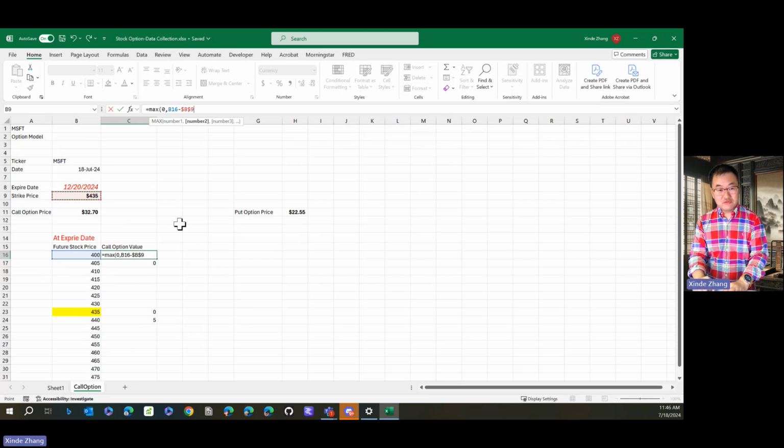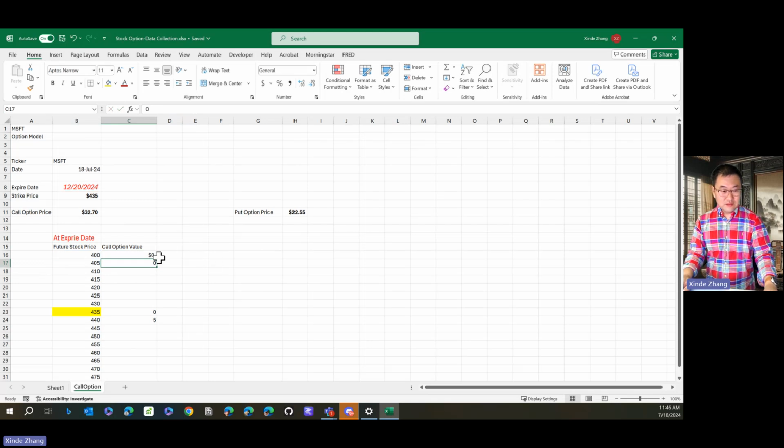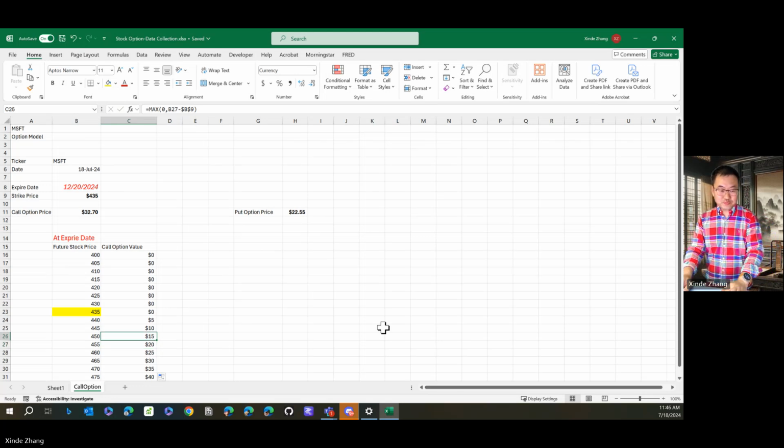So I hit F4, put $ in front of the 2, and then I close the parentheses. I hit enter. So now I can use my drag technique. Dragging it.